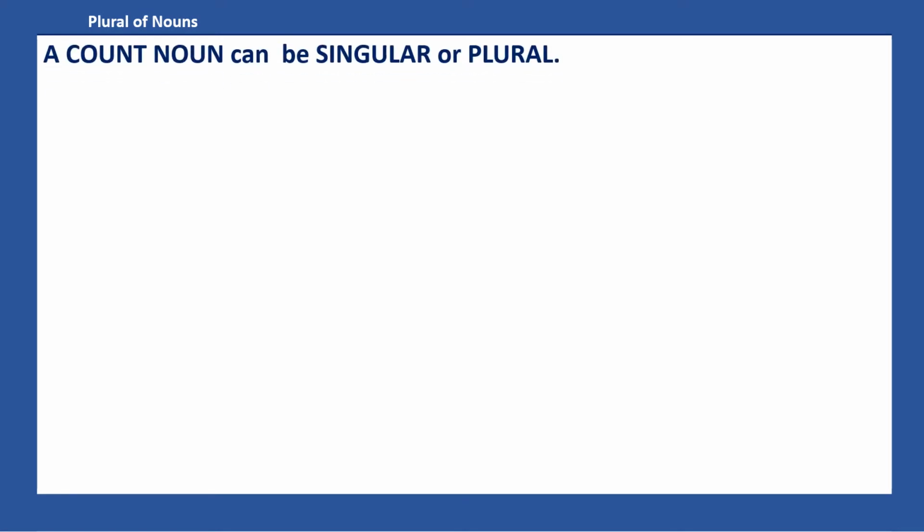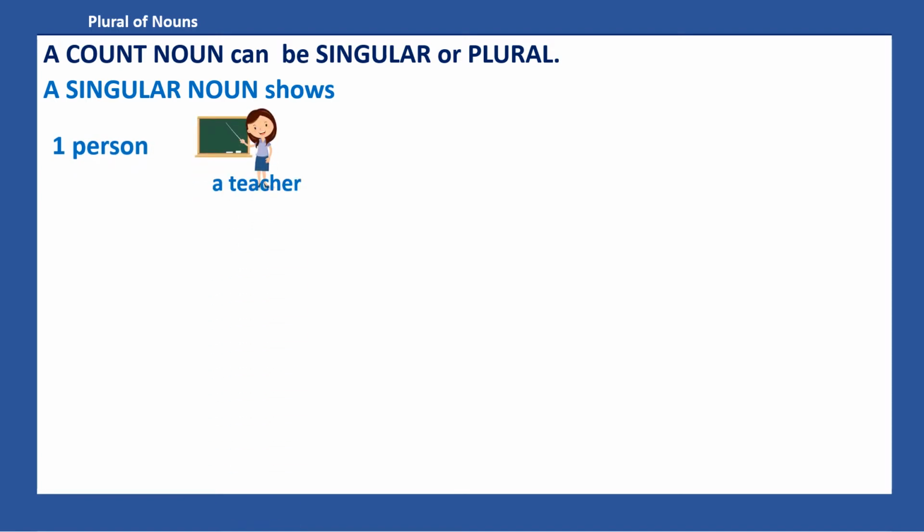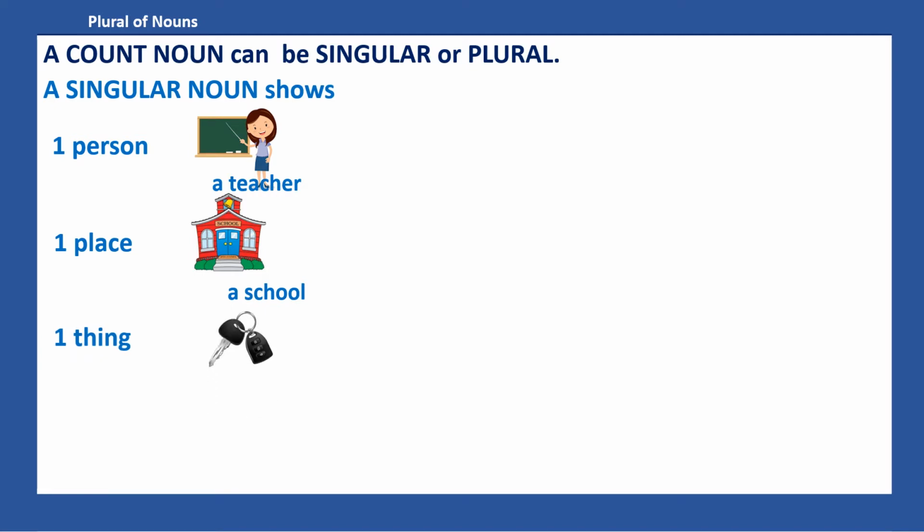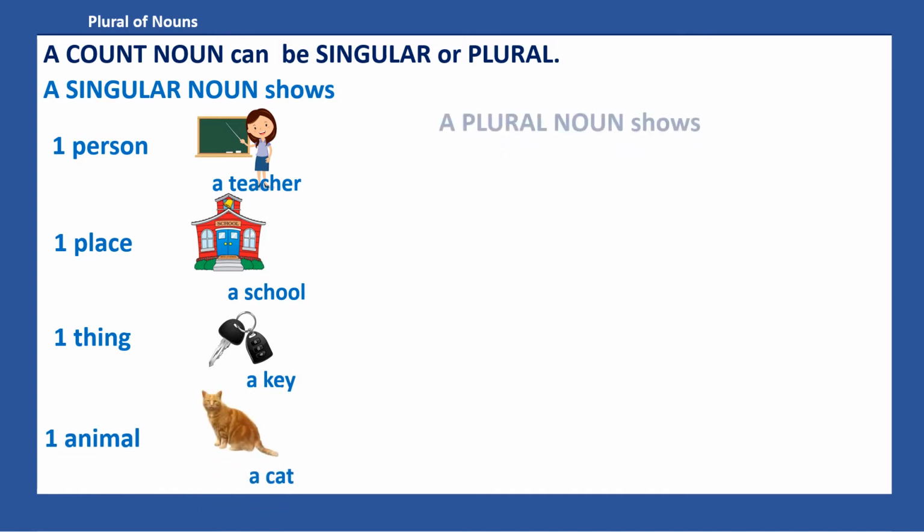A count noun can be singular or plural. A singular noun shows 1 person. A teacher. 1 place. A school. 1 thing. A key. 1 animal. A cat.